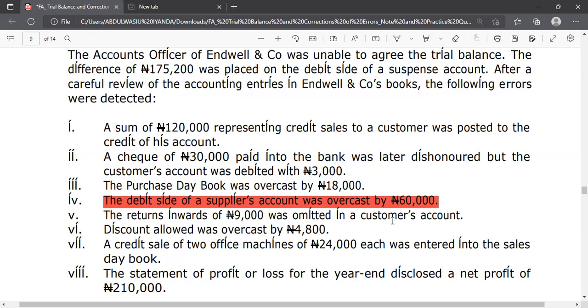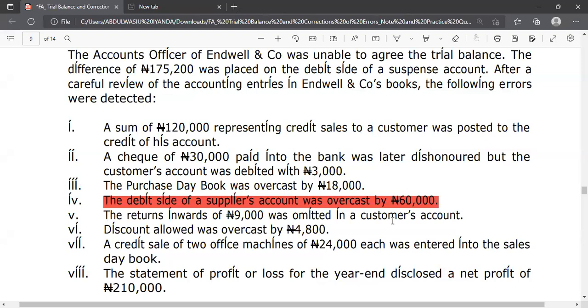Return inward needs to be debited, and the customer needs to be credited. In this situation, it is the credit entry that is missing, by 9,000 naira.